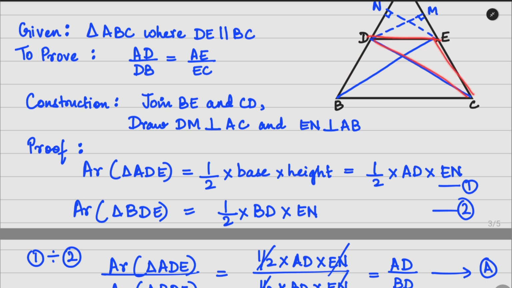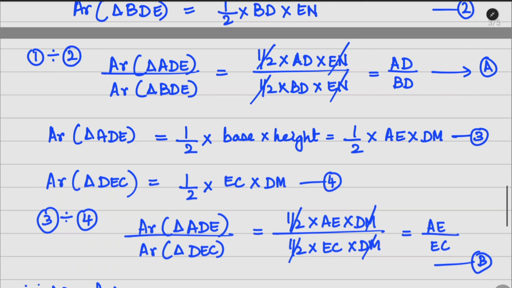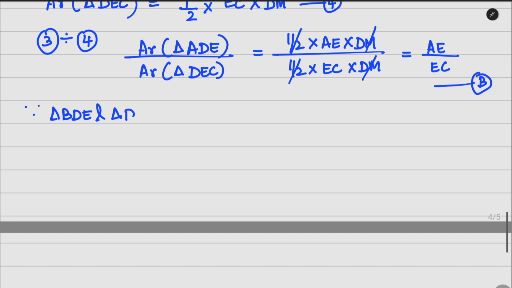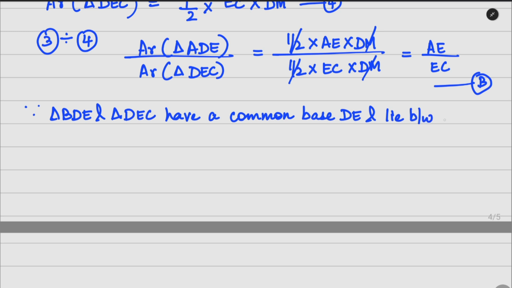These two triangles have a common base DE, and lie between the same parallel lines DE and BC. Therefore these two triangles are the same.